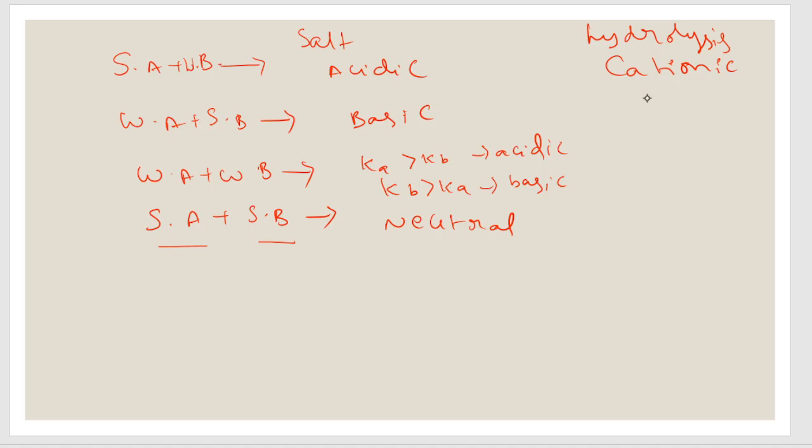In the case of basic salt, the basic salts are undergoing anionic hydrolysis. In the case of weak acid and weak base salts, either it can undergo cationic or anionic hydrolysis, purely depending upon the weak acid and weak base dissociation constants.